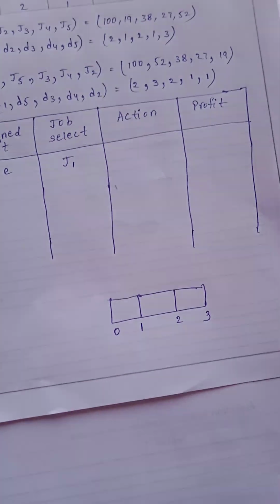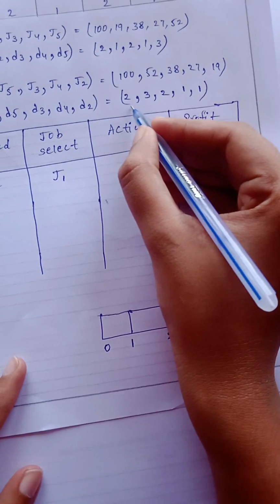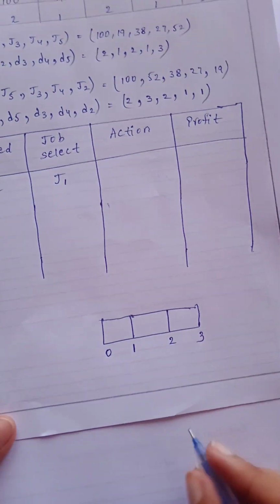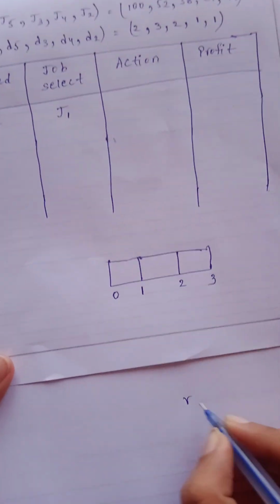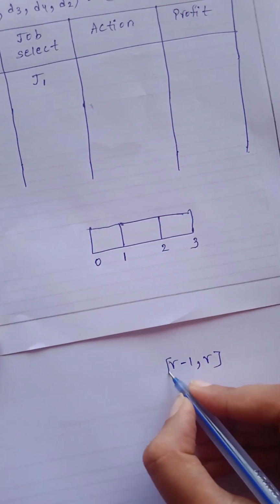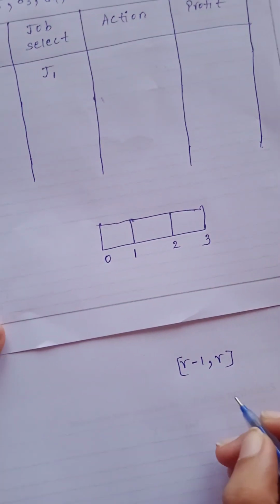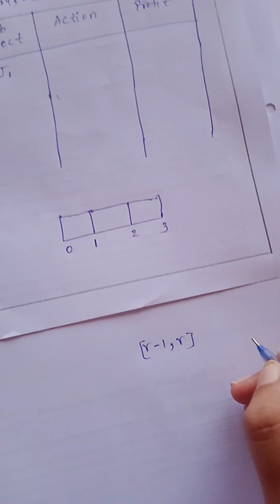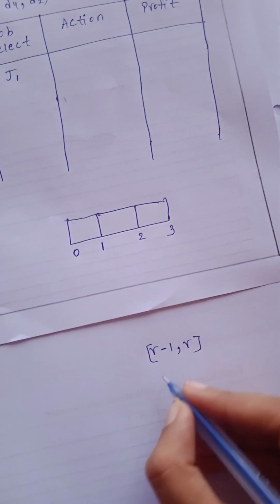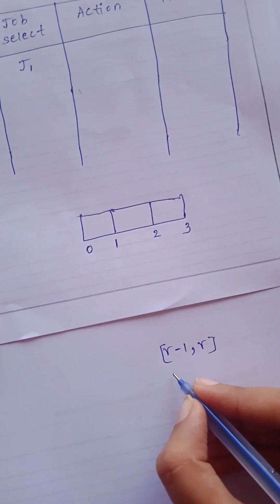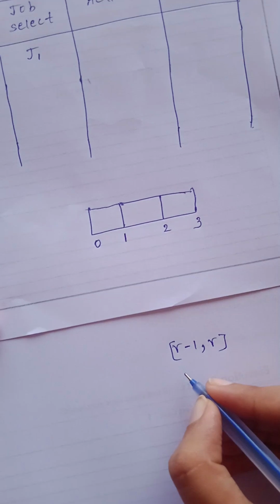Here the first job's deadline is 2. We have a formula: r minus 1 comma r, where r is the deadline. Sorry, here 2 is the deadline.